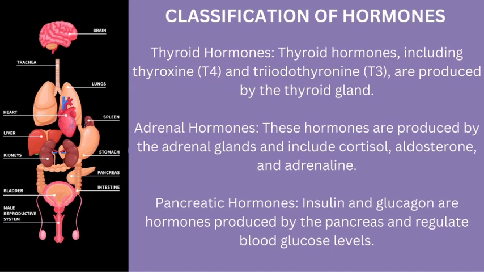Third, thyroid hormones. Thyroid hormones, including thyroxine, T4, and triiodothyronine, T3, are produced by the thyroid gland. Fourth, adrenal hormones. These hormones are produced by the adrenal glands and include cortisol, aldosterone, and adrenaline. Fifth, pancreatic hormones. Insulin and glucagon are hormones produced by the pancreas and regulate blood glucose levels.